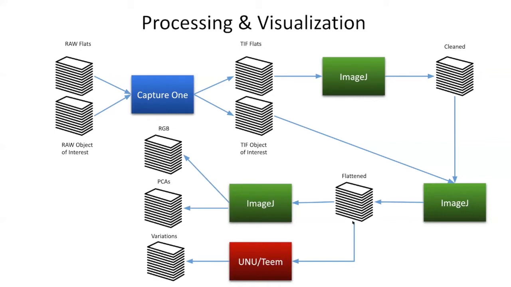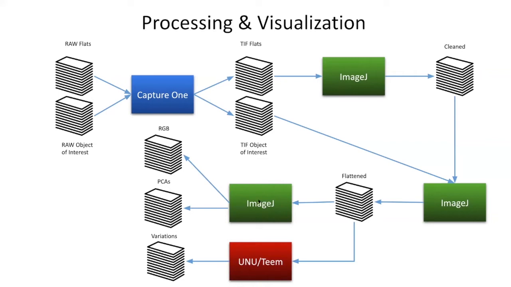So here's an example of the processing and visualization pipeline for a multispectral imaging session. You start off over here with your flat fields, and you're seeing your objects that you're imaging processed in Capture One into TIFFs, and then clean the flat fields, apply the flat fields, and then you get to a flattened image over here, which those flattened images are now calibrated enough that you can use those for further visualization and processing.